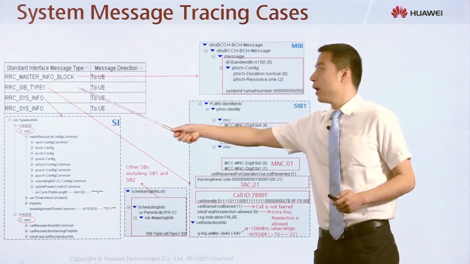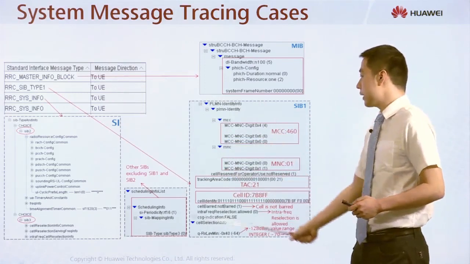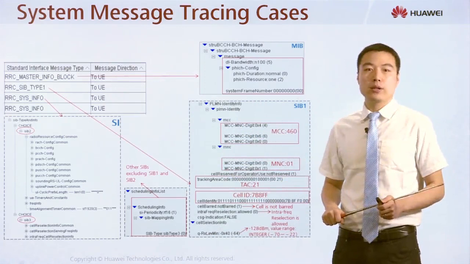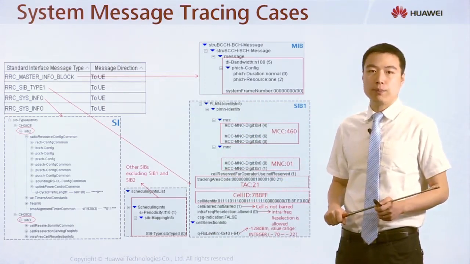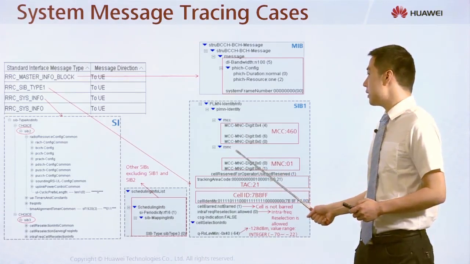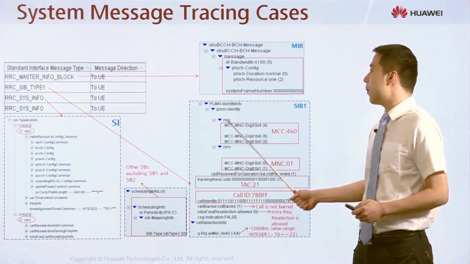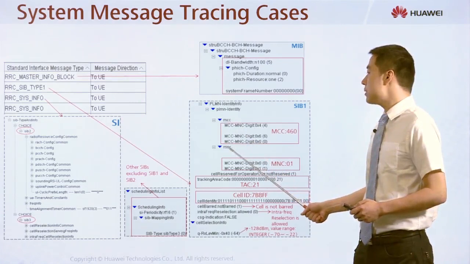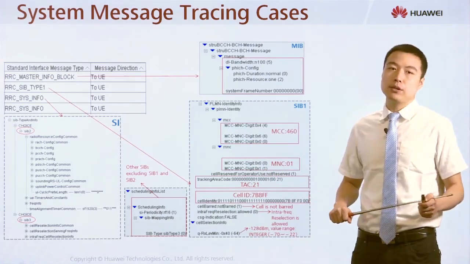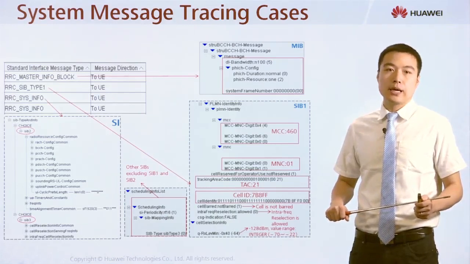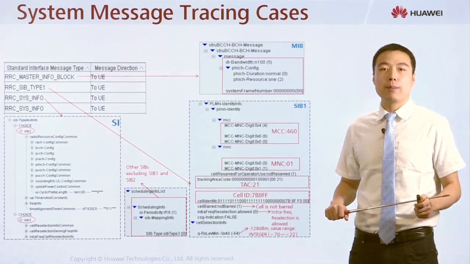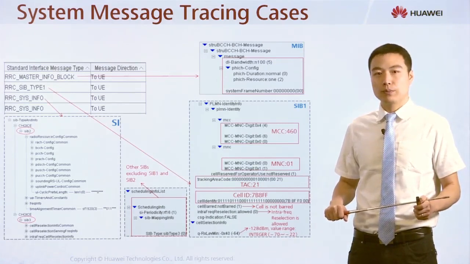And for the SIB1, this is the content of the SIB1. As we can see, many other important pieces of information are carried by the SIB1. Look here, the MCC and MNC. MCC here means mobile country code, and MNC here means mobile network code. MCC and MNC are actually the content of the PLMN. PLMN, we know, means Public Land Mobile Network.